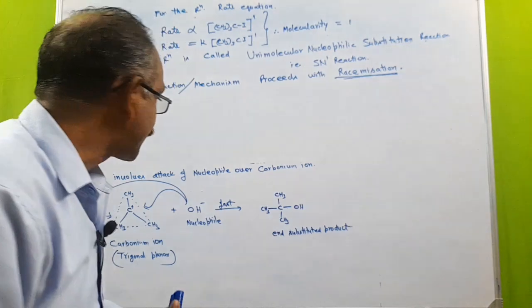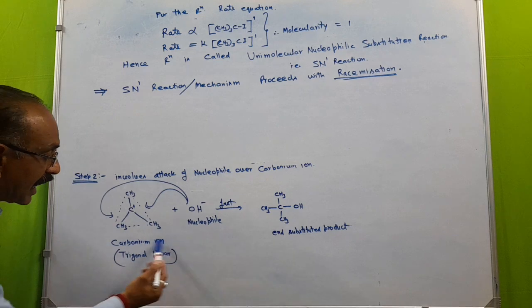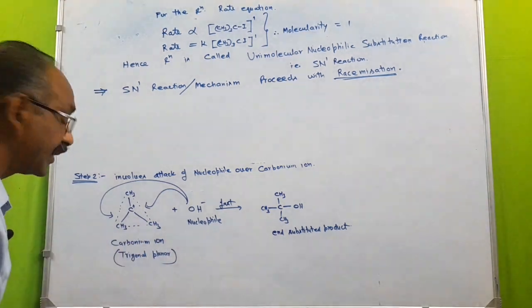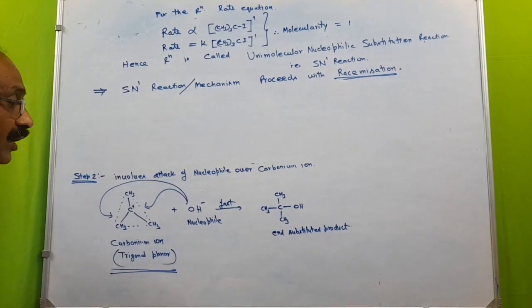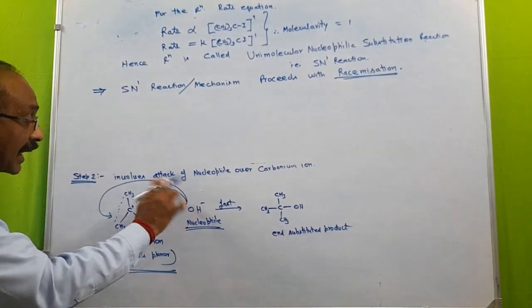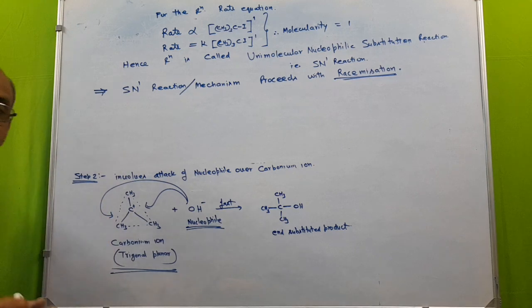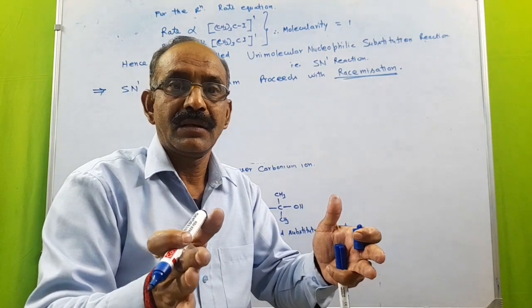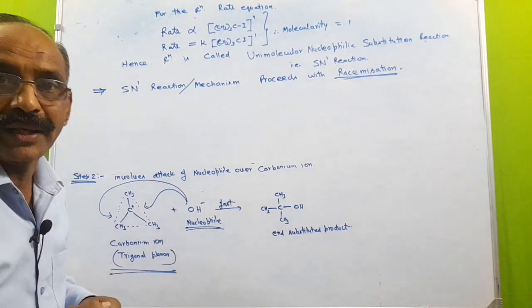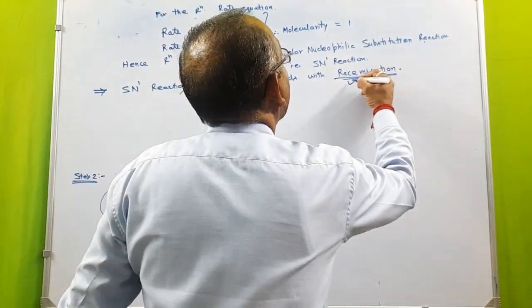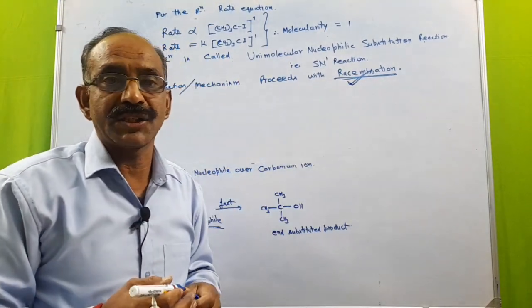And why does it occur so? See here, in SN1 mechanism we are getting a carbonium ion as an intermediate, and this carbonium ion is having a trigonal planar geometry. So this OH minus ion may attack from the front side as well as from the back side. There are equal possibilities for attack of OH minus over the carbonium ion, and that's why we may say that an SN1 reaction proceeds with racemization. Is it clear?